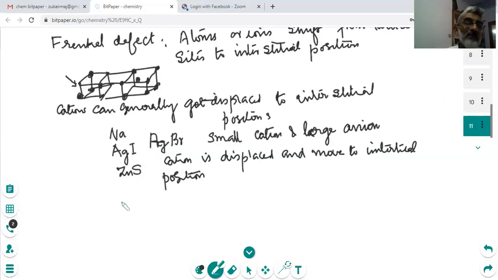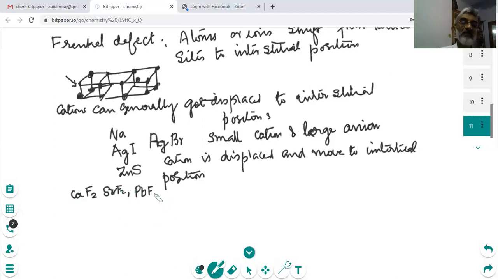Then there are Frenkel defects due to anions, that is, displacement of anions, like you can see here in calcium fluoride, CaF2, strontium fluoride, and lead fluoride. Here the anions are smaller. You can notice these are observed in fluoride compounds.